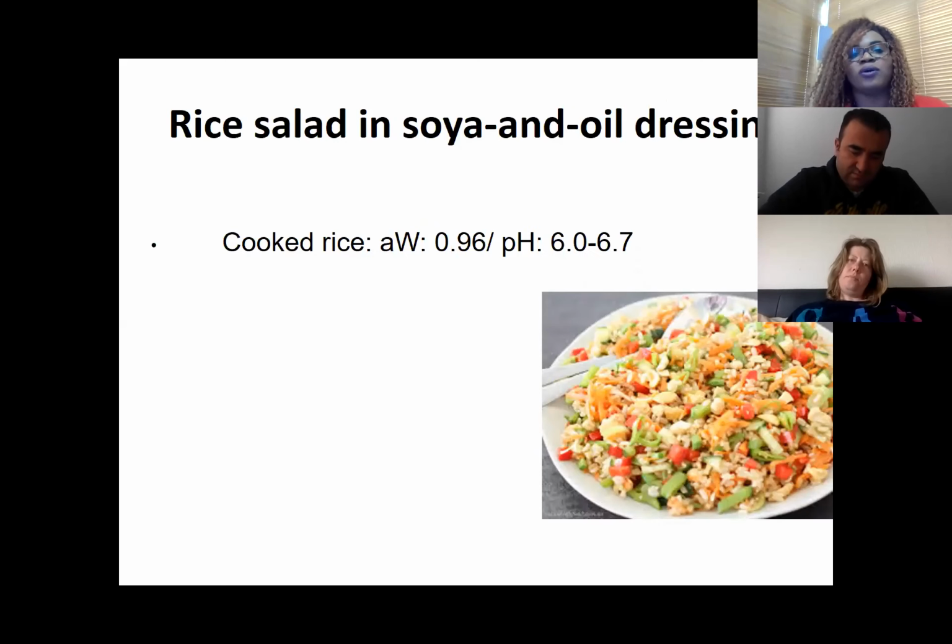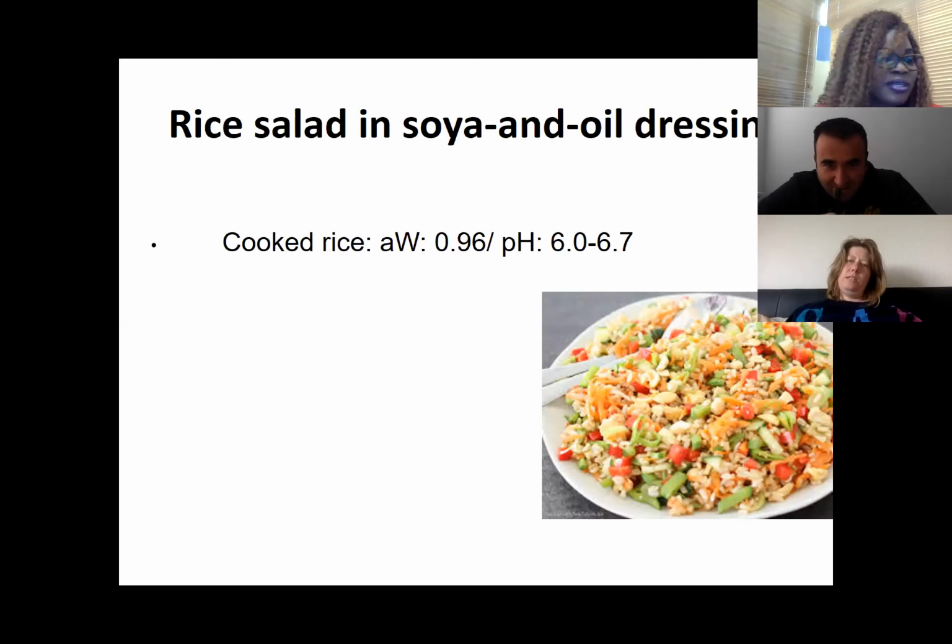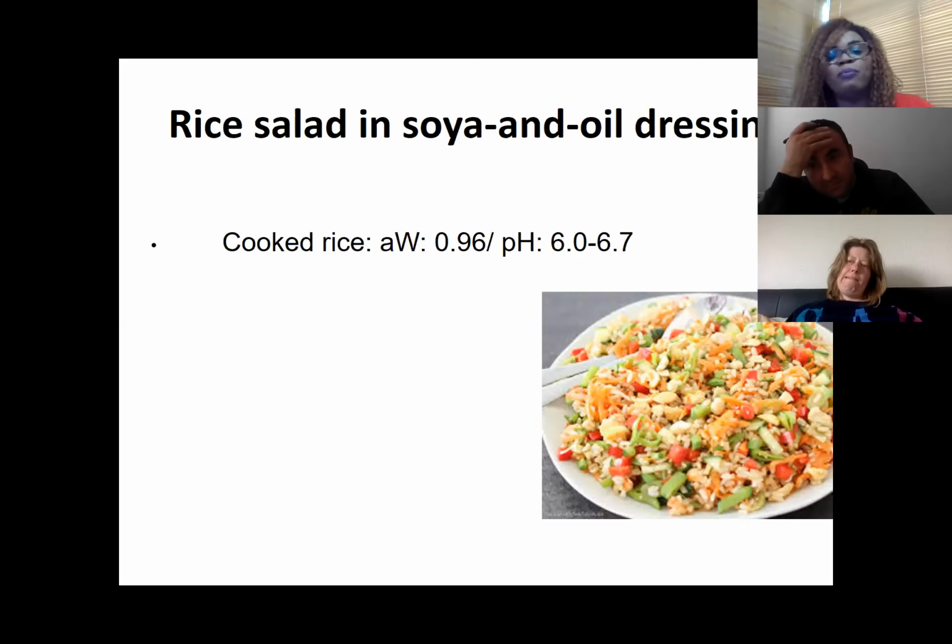Okay, the next one, rice salad in soya and oil dressing. Cooked rice, the pH is this, the water activity is that. What bacteria do you expect to grow? Bacillus cereus, because it's easy peasy. But if it was a complex one, there might be more than 1 or 2 pathogens, so look at it carefully.